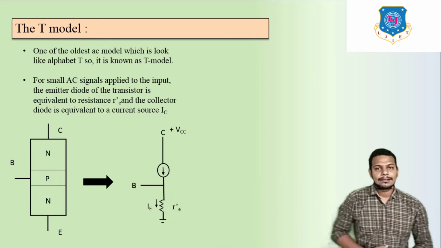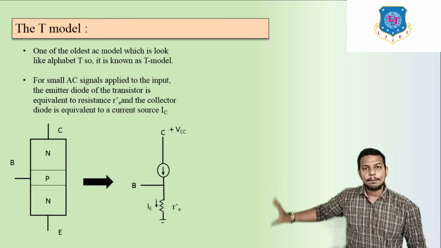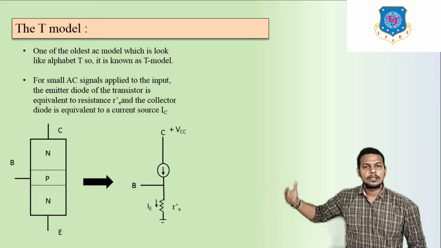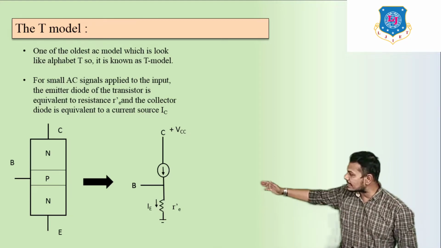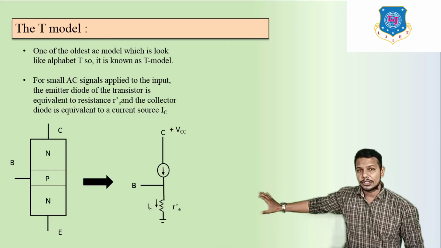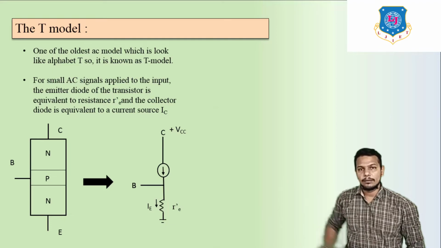Basically, in the T model, you transform your NPN transistor into the T model. Here we can see this is the NPN transistor symbol or construction, which is converted into this T model.